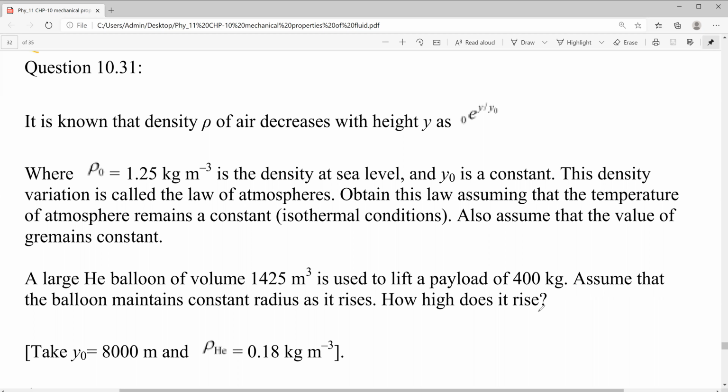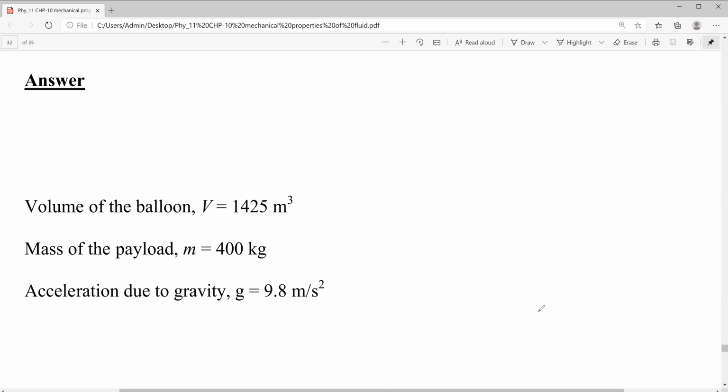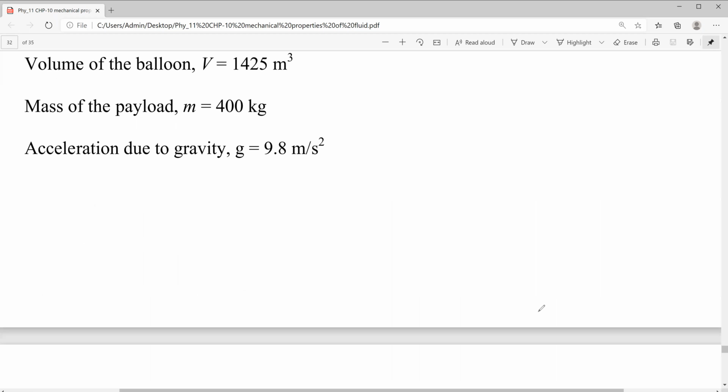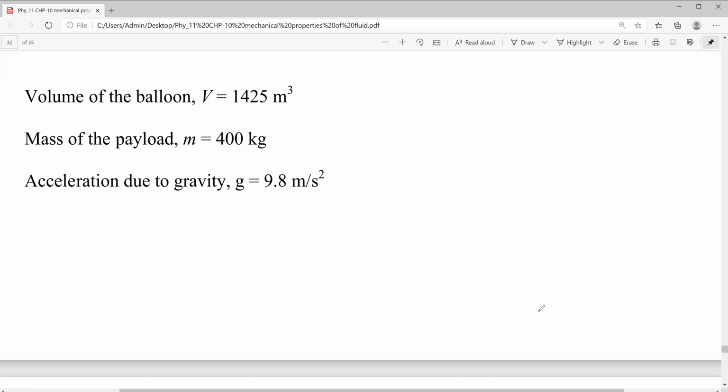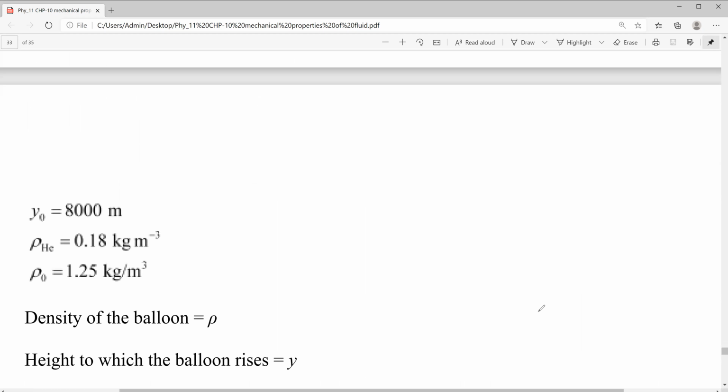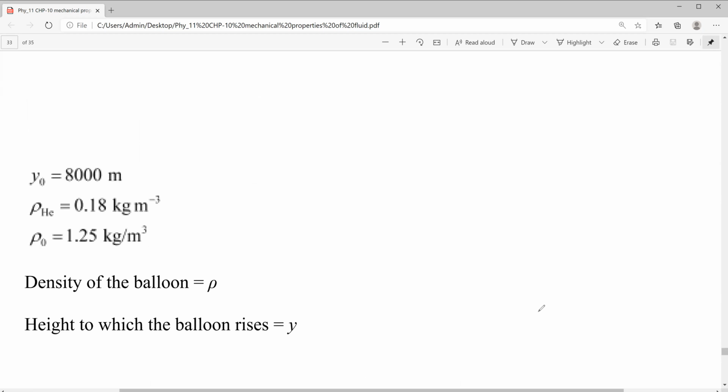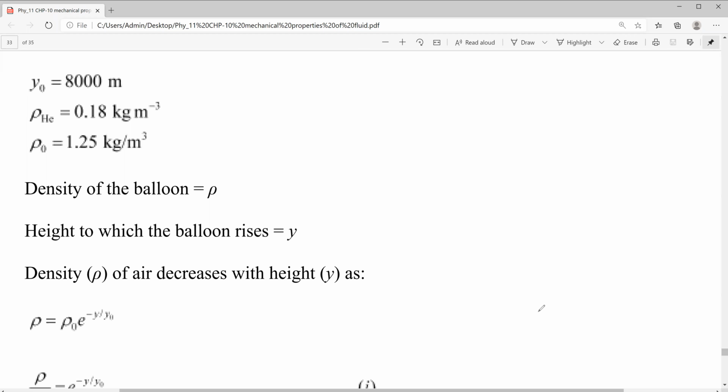How to solve this: first, volume of balloon they have given, V value 1425 meter cube, mass they have given 400 kg, acceleration due to gravity is always constant, that is 9.8 meter per second square.